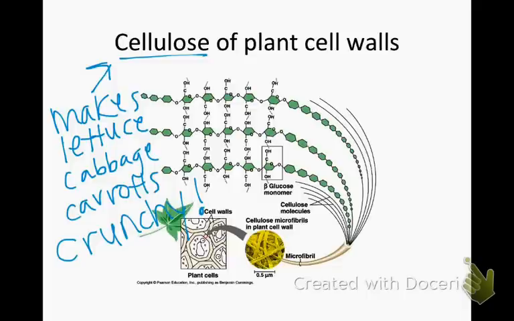Just think about that. Lettuce, the consistency of pudding. That would be the grossest salad on the face of the earth. So thank you, cellulose, for making up that plant cell wall and making my cabbage crunchy in my coleslaw, and my carrots on my salad, and my lettuce in my salad. Not just croutons. Croutons are not a green.